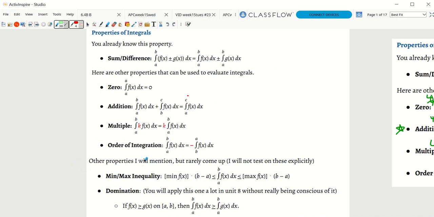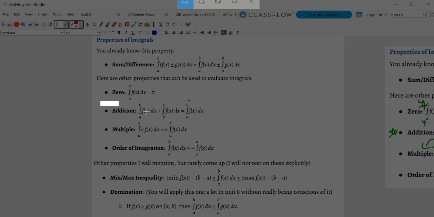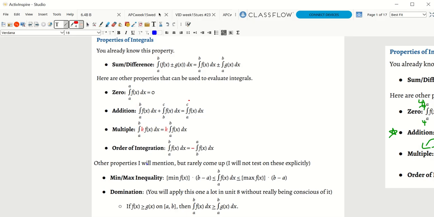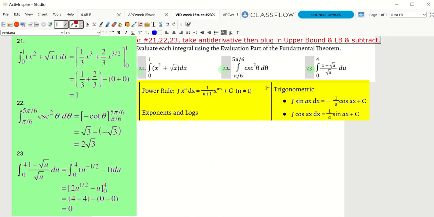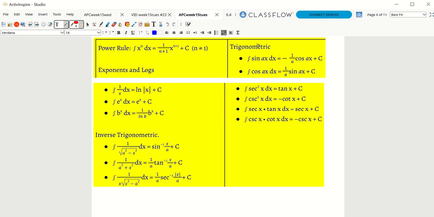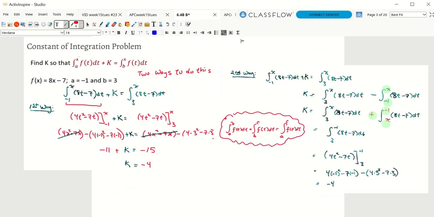Okay, we're going to use the addition property right here. Let me just copy and paste that. I've got way too many windows here.